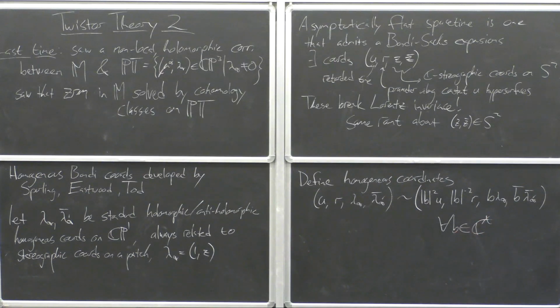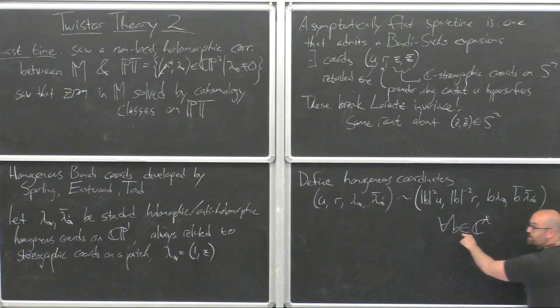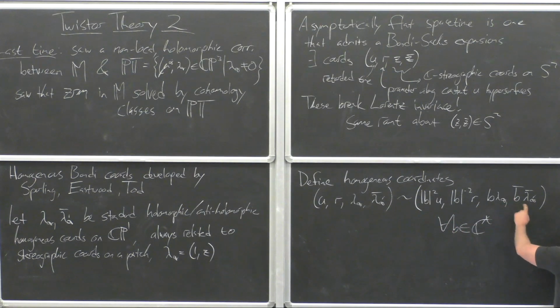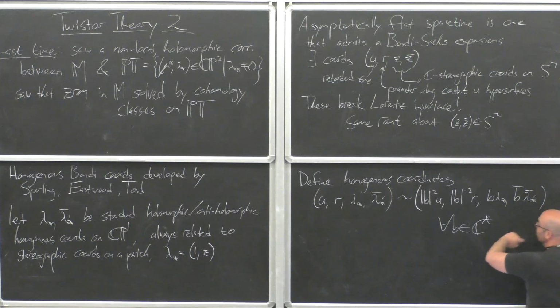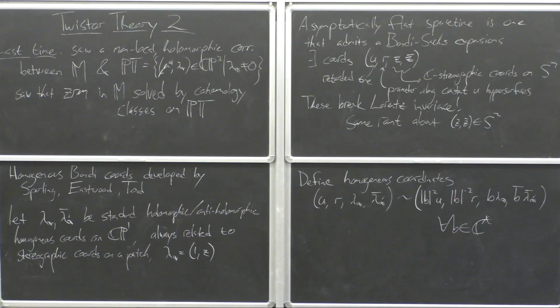If b is any non-vanishing complex number, I consider this tuple of coordinates to be equivalent to this one if they differ by this scaling. So this bit is fine. This is just the projective rescaling for homogeneous coordinates on CP1. But then I'm saying I identify u with this u if it differs by mod squared of b, where b is the same b that I scaled lambda by, and lambda bar by b bar, and r by 1 over mod squared of b.